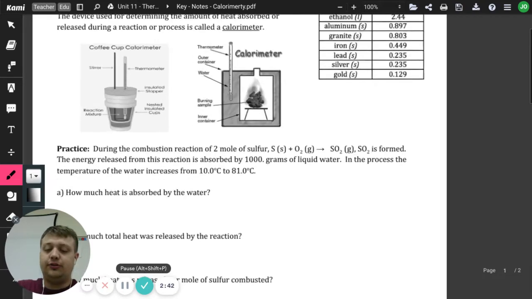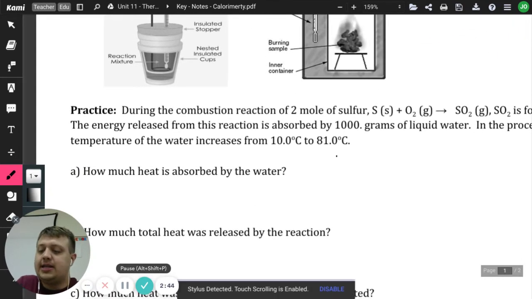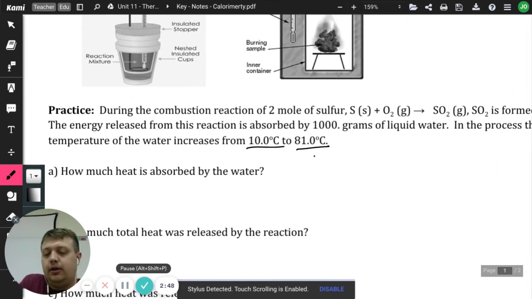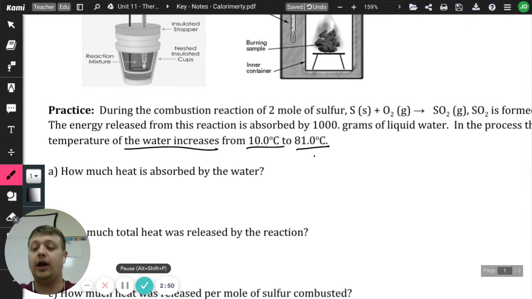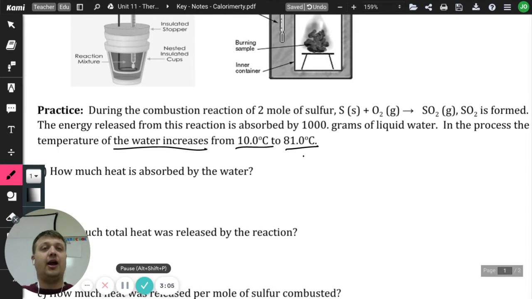One thing I want y'all to take note of is that my water increased its temperature. What that tells me is that water is absorbing that energy. And if something is absorbing energy, then something else is releasing that same amount of energy. In this case, the chemical reaction forming sulfur dioxide is releasing some energy.